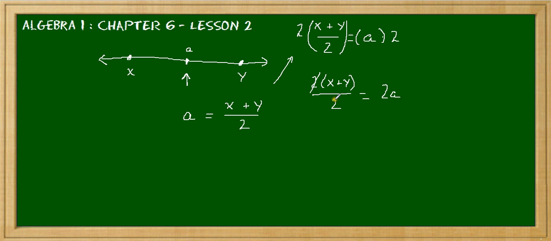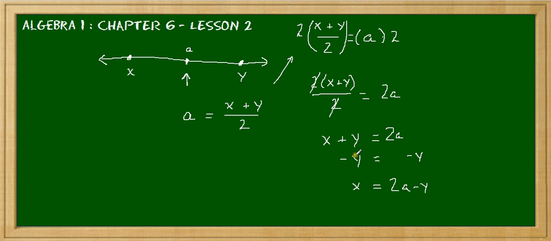Now we can go ahead and get rid of our 2, and now we'll end up with x plus y is equal to 2a. Now we're solving this for x, so we now have to subtract y from each side, and that will give us x, because the positive y and negative y will cancel out, and that means x is equal to 2a minus y. Okay, so we solved this now for x.